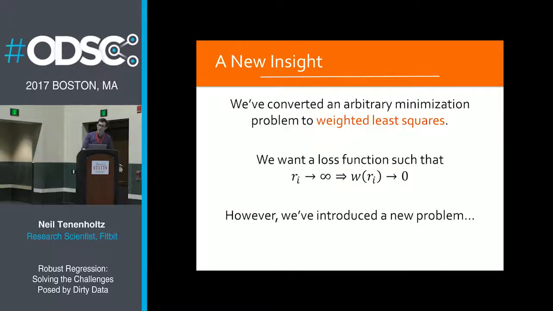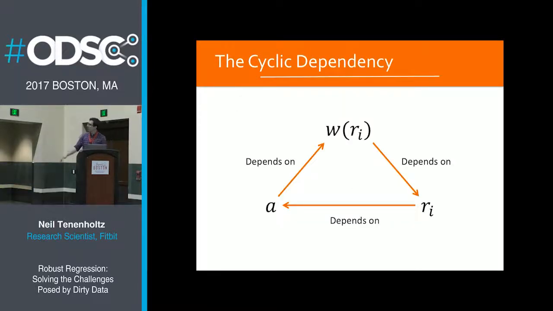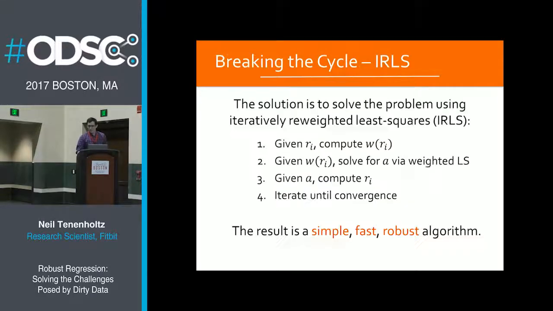But we've introduced a new problem in doing this. We want these w's for the weighted least squares regression, but w depends on r, the residuals. And the residuals depend on the coefficients of your regression. And those coefficients depend on the weights. And so you have this big loop. And the question is, how do you break it? There's one pretty standard technique for doing this. It's called iteratively reweighted least squares.